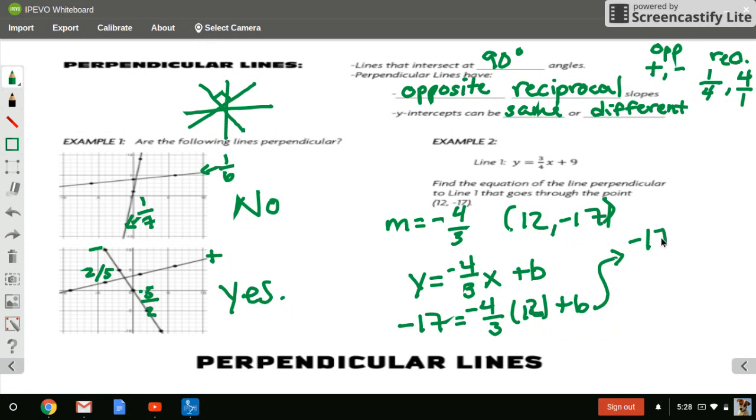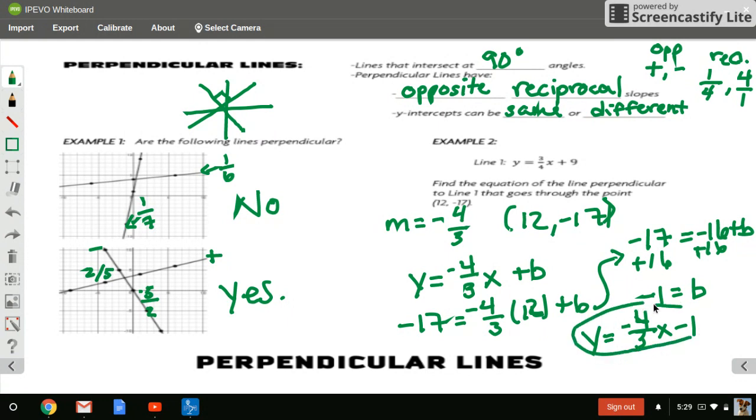So now we have negative 17 is equal to negative 16 plus b. We add 16 on both sides. We get negative 1 is equal to b. So the equation of this line that's perpendicular to line 1 is y is equal to negative 4/3 x minus 1. And there's your equation of that line.